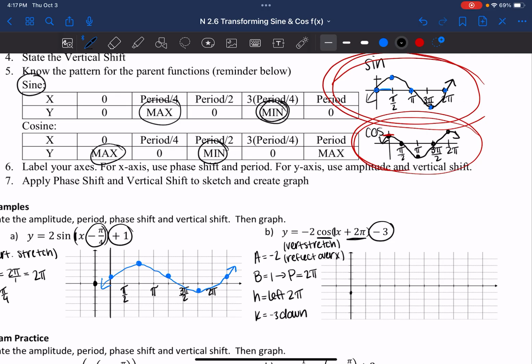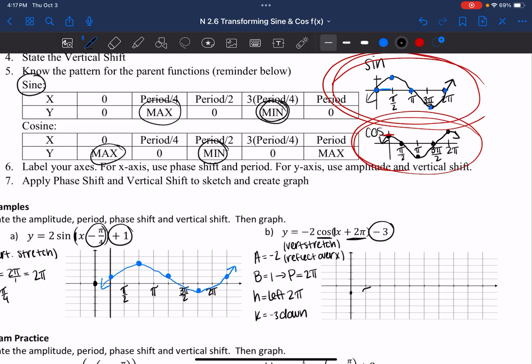Okay, but I also have some transformations I need to make. So in this particular case, we were told to shift left 2 pi, and if I make every line worth a 4th pi, I only have enough room to go to the left pi. So I'm going to have to make each line worth pi instead of a quarter or even a half.